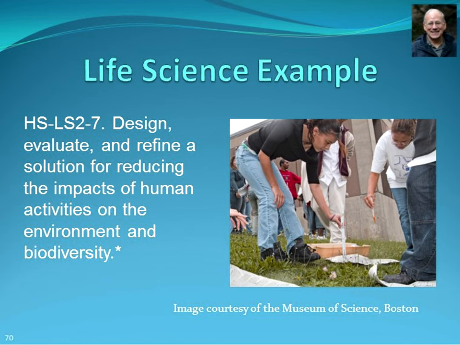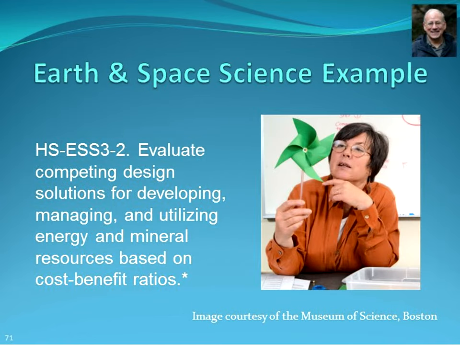That's the HS in the front of this, and the LS is the life sciences, and 2 is the second core idea there. And then 7, it happens to be the 7th one in that particular standard. But there are similar examples in kindergarten level, 1st, 2nd, 3rd, 4th, 5th grade, and middle school, of course. So you'll find these sprinkled throughout the NGSS.